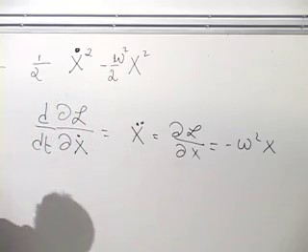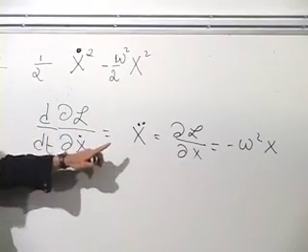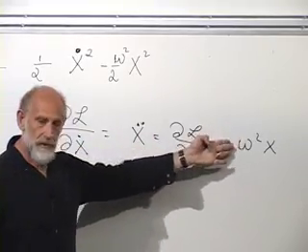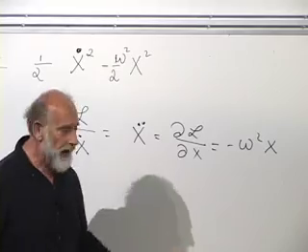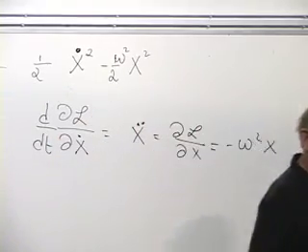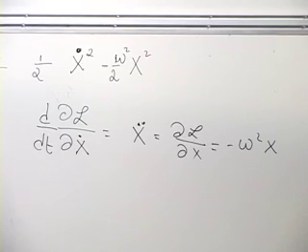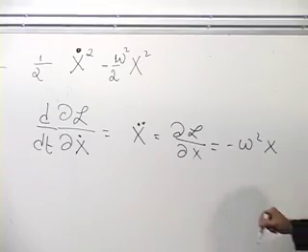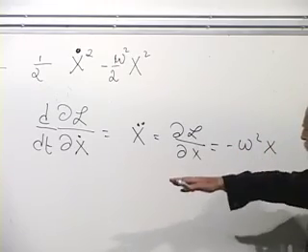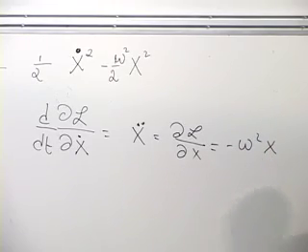Well, this is just F equals ma. Mass is set equal to 1. Here's the acceleration, and it's equal to minus omega squared times x. What is the minus sign doing there? Why is it minus? Anybody know? It's a restoring force. That means if you increase x in one direction, the force will pull you back, and that's what the minus sign is there for.